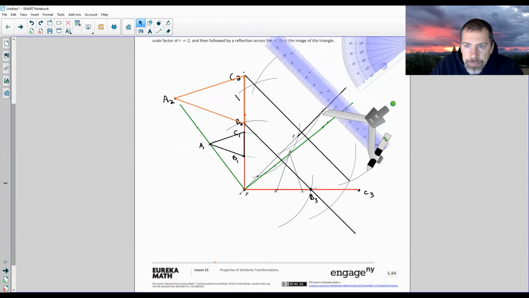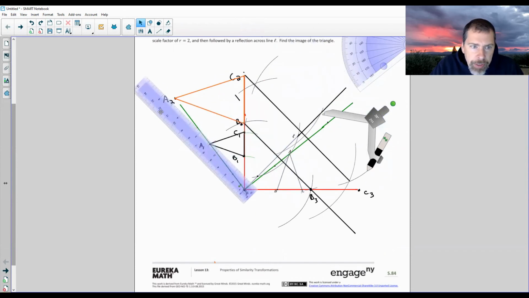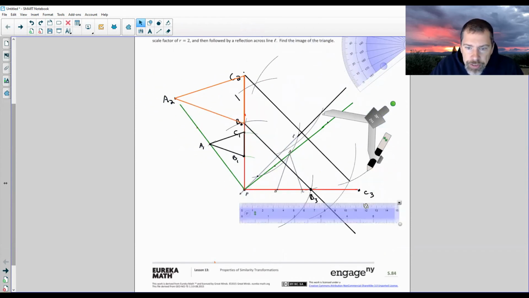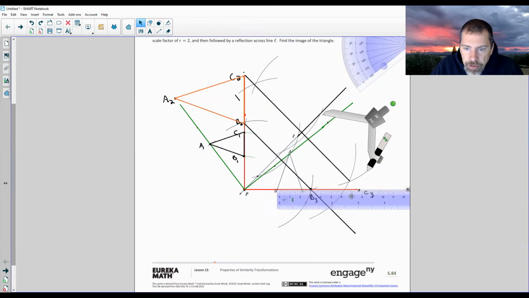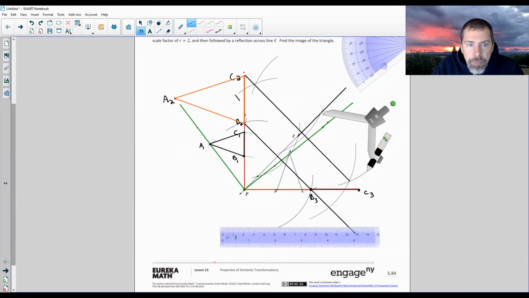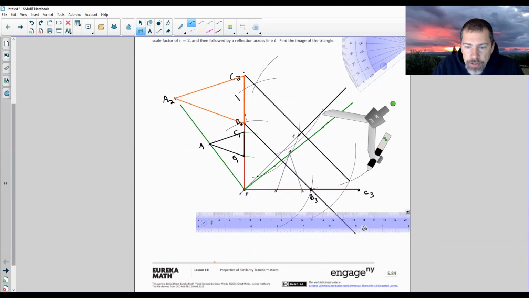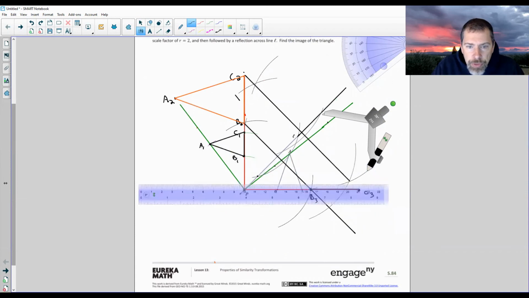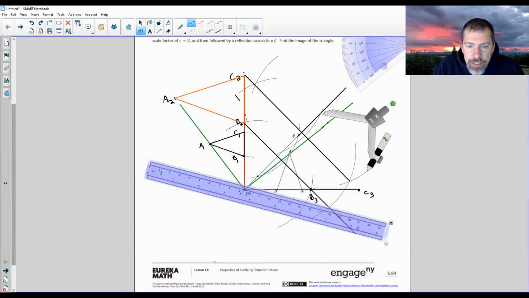Okay. And as I said, my compass, unfortunately, will not open far enough to create point A3. So there's my B3, C3. All right, so I'm going to just do this. This is just an estimate, by the way.